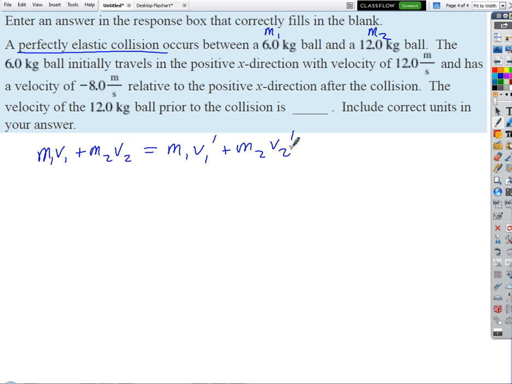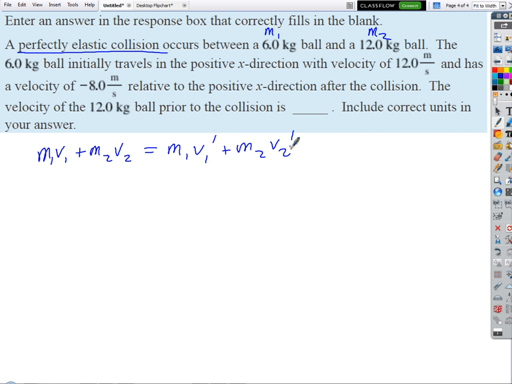That's the same thing we've done forever. That's just conservation of momentum. Momentum of the system before equals momentum of the system afterwards. This is really just the momentum of the first ball plus the momentum of the second ball before equals the momentum of the first ball plus the momentum of the second ball afterwards.